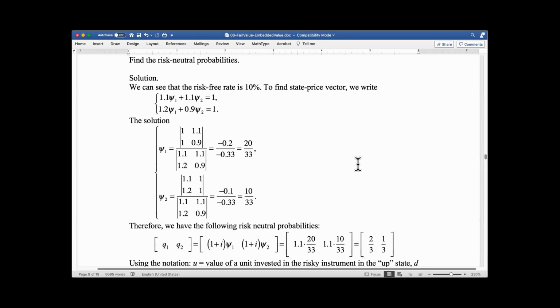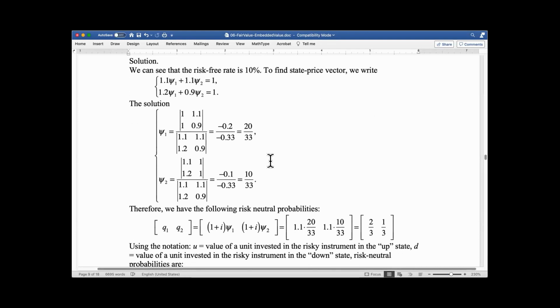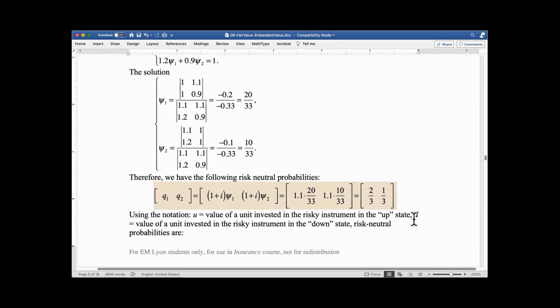And we get the solution: 20 over 33 and 10 over 33, and the risk-neutral probabilities are 2/3 and 1/3.